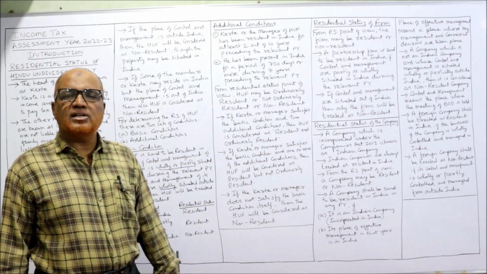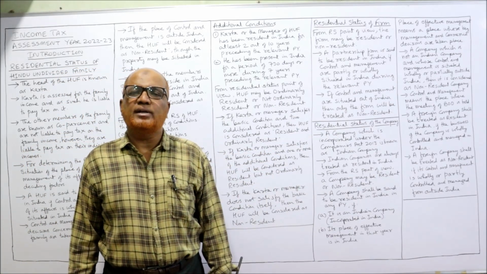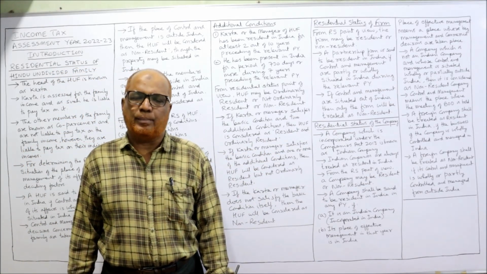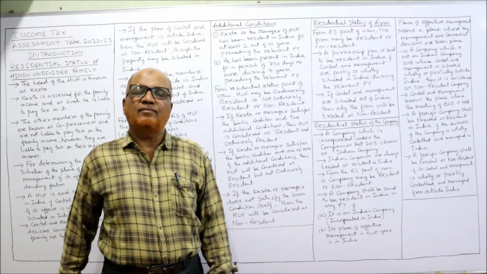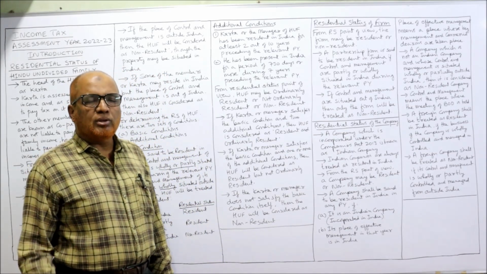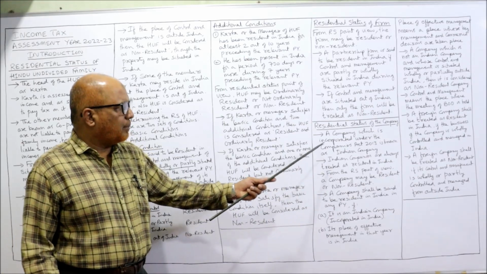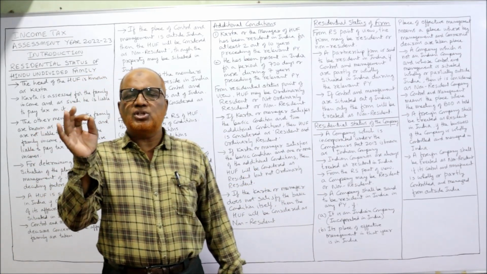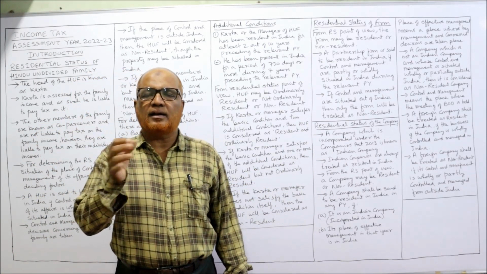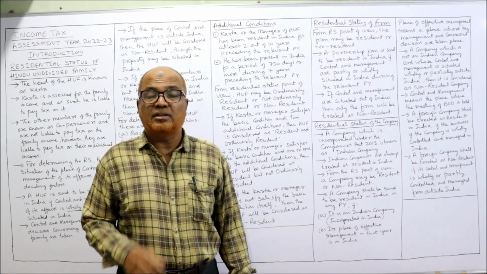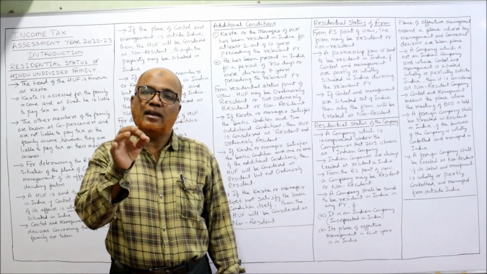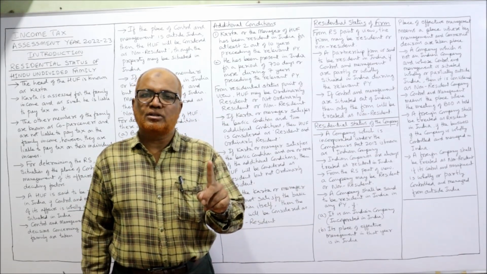Next comes residential status of a company, a joint stock company, limited liability company. That is also a person from the income tax point of view. So how to determine the residential status of a company? First of all, a company which is incorporated under the Companies Act 2013 will be an Indian company. First point.